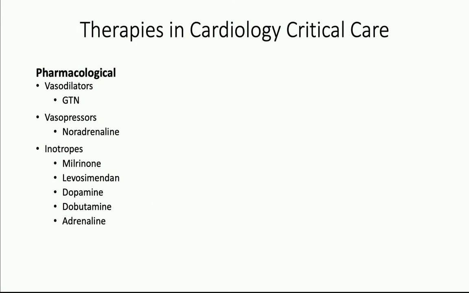I think the most important thing is to use medication that you're familiar with in supporting the circulation in terms of inotropic therapy. And I think knowing the medication and having access to certain medication is probably the reason why you may be ending up, for example, using milrinone over levosimendan or dobutamine over milrinone.